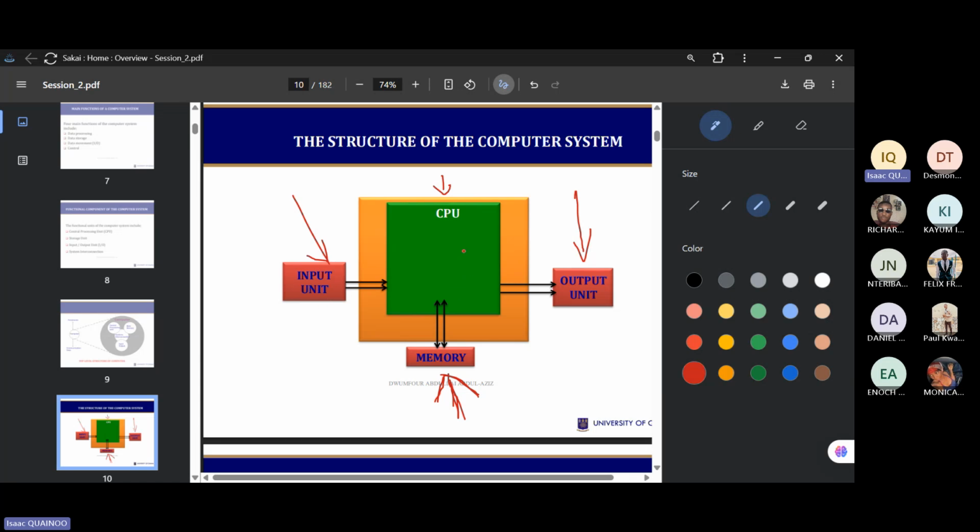Even after the CPU has processed data, there are some data which are not sent out immediately. They are still stored within the system. So we'll talk about all that later.